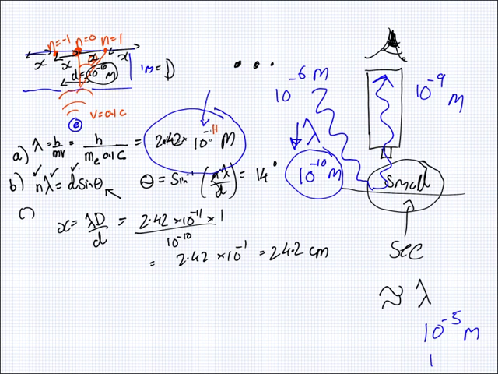Electrons have a small wavelength. So if you use electrons, then maybe you could see 10 to the minus 10 meters. So this is how you can see atoms. You can get a picture of what the atoms look like if you use electrons.